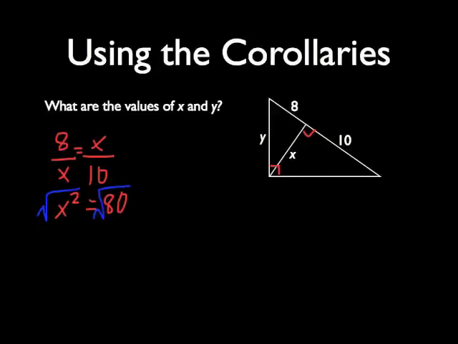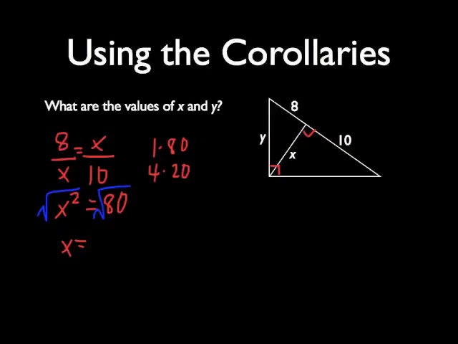the square root of x squared is just x, but for 80, we need two numbers that multiply to equal 80. Well, there's 1 and 80, but that doesn't help much. I'm not even going to look at 2 because it's not a perfect square. 4 goes into 80 20 times.